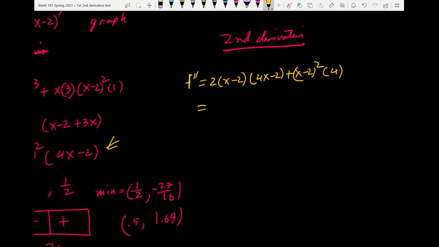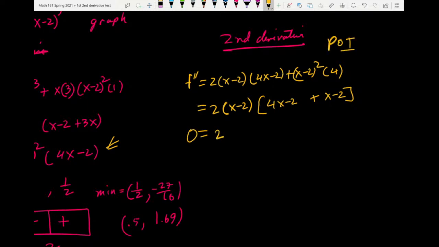And we could factor out 2(x minus 2) out, and we're left with 4x minus 2 plus x minus 2. So therefore, now we could simplify that to find the POI. 5x minus 4.